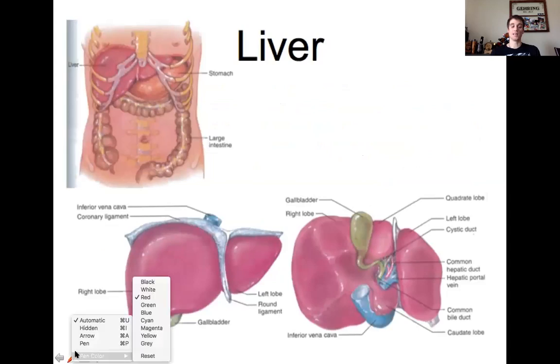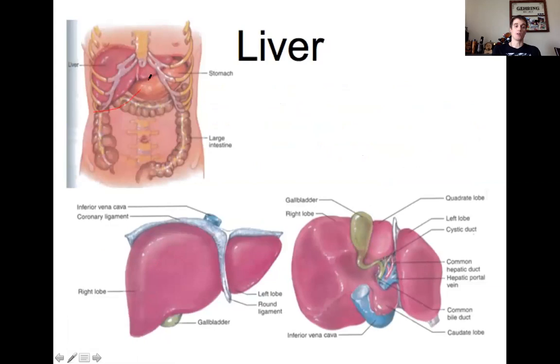Moving on, this is a look at your liver. So again, you see it in the upper right quadrant, right below your diaphragm, underneath your rib cage. And this is another look at it here. In a superior view, or a view from the top, you will see that you have 4 lobes. One is your right lobe, which is on the right side.